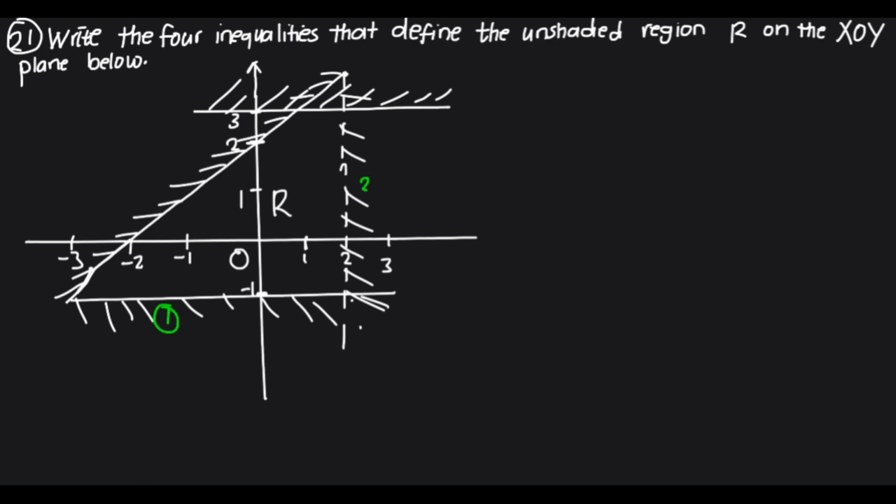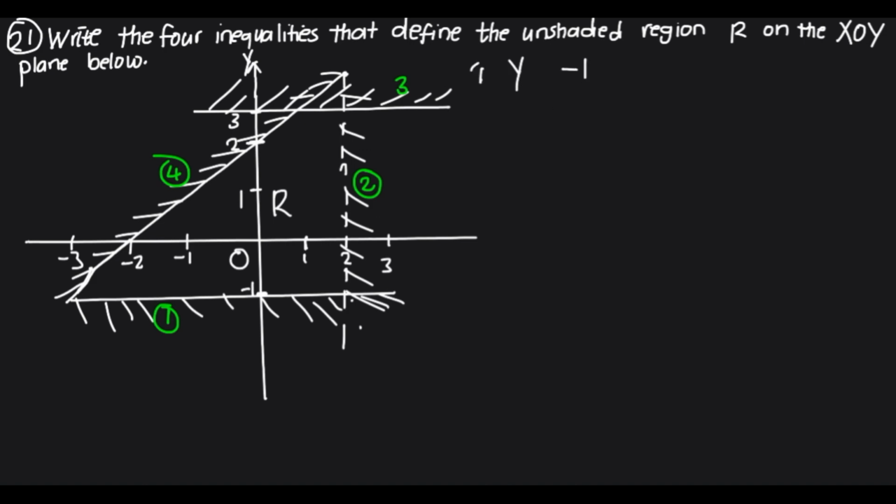We'll consider this one as number 2, 3. Then we'll have our fourth inequality. Then after that, we can now look at the first one, this line here. This line is cutting the y-axis, and we can see that it is at -1.